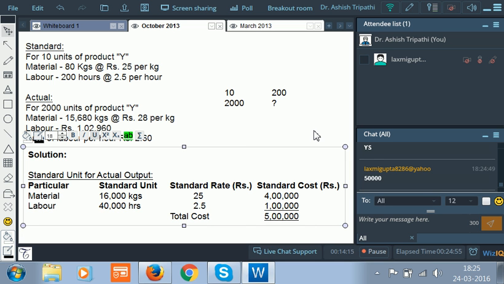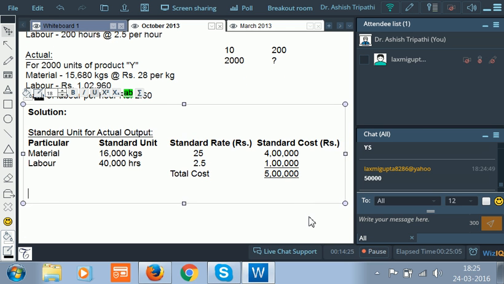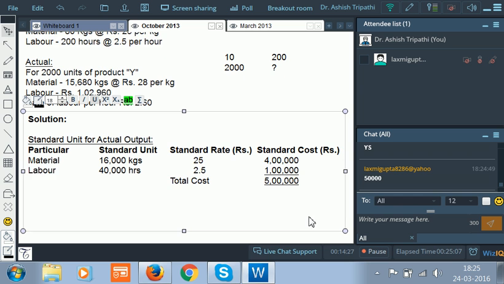Okay, now in the same manner we will have to prepare actual unit for actual output.